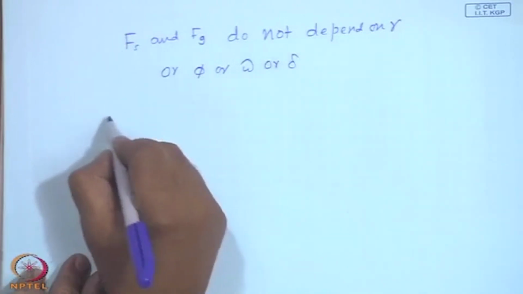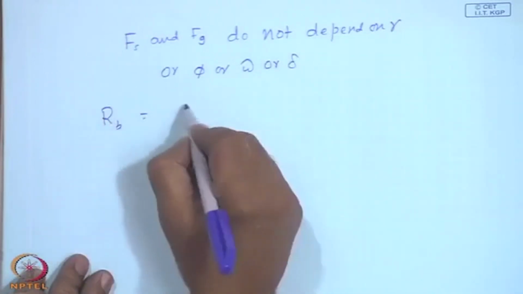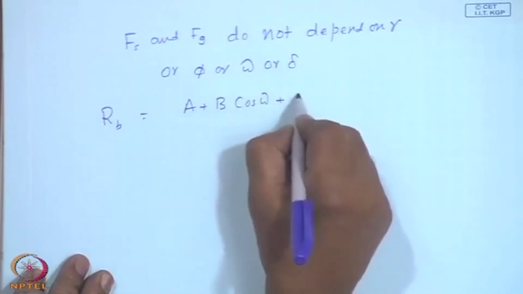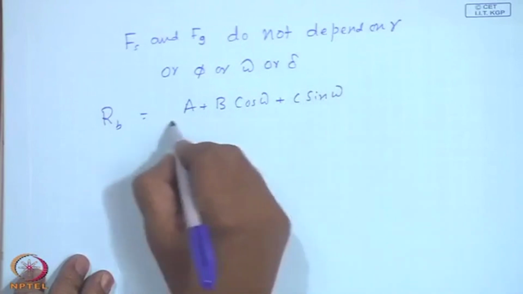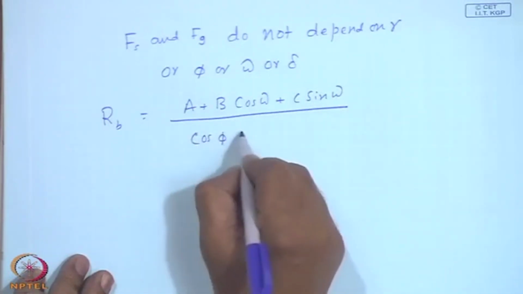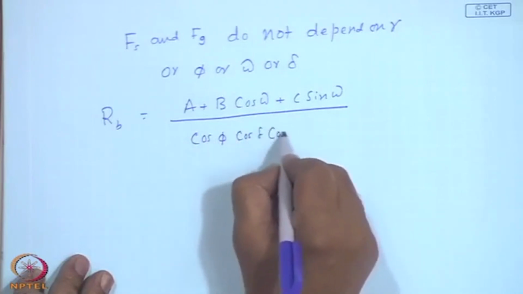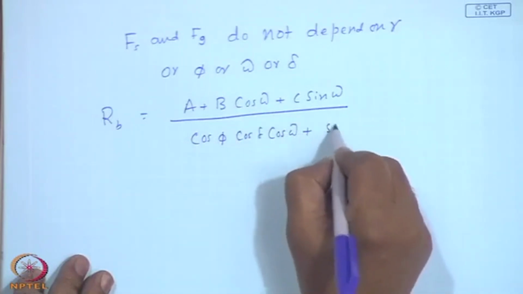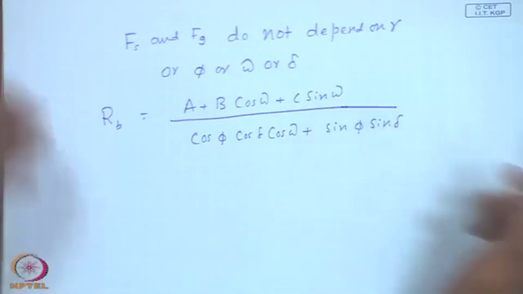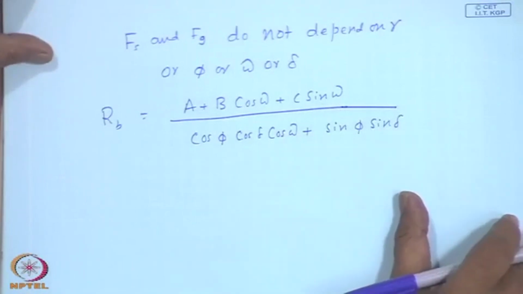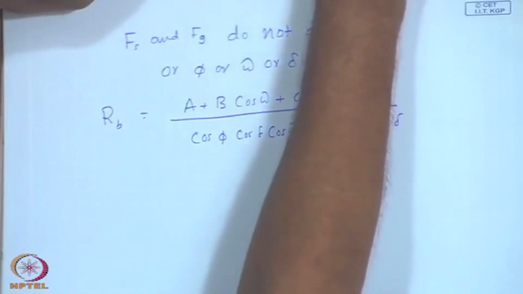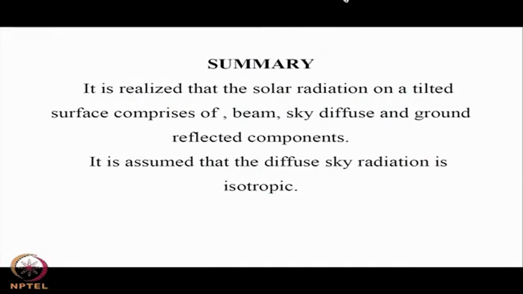So, I can in general have this, so this is the general expression for cos theta and this is the expression for cos theta z. So, now we have a method of calculating R b in general.